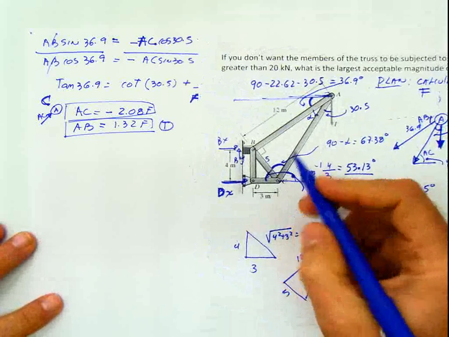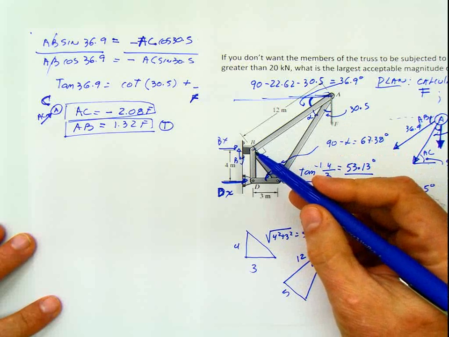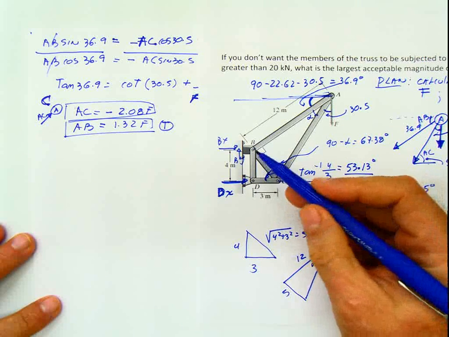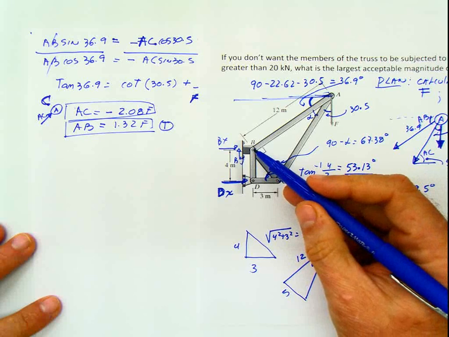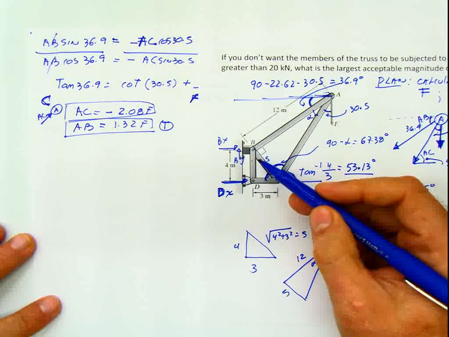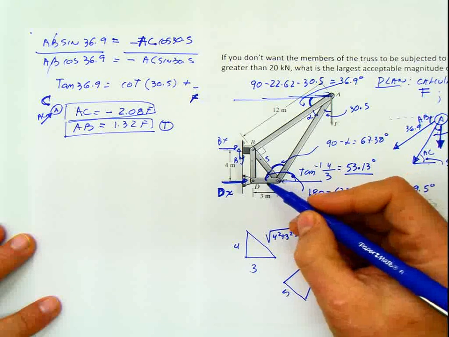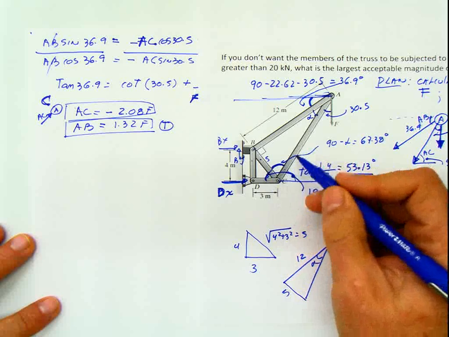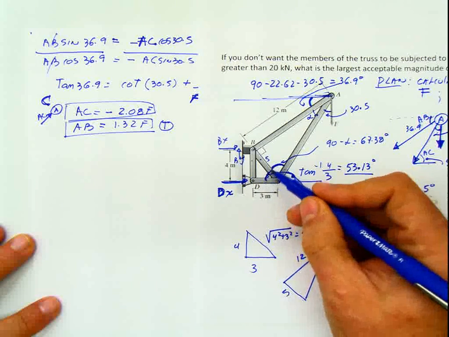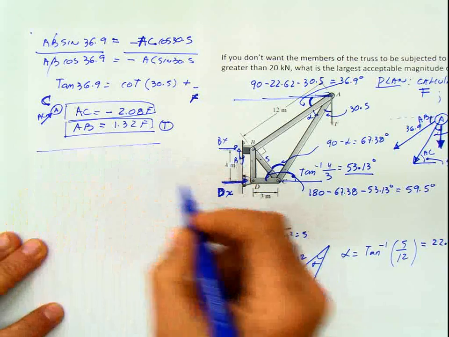This is this joint. I can move either to this one or I can move to this one. If I move to this one, how many unknowns do I have? I have 1, 2, 3, 4 unknowns, so that means that I can't go there. If I go to this one, I have 1, 2, 3 bars, but this bar I already calculated, so I have only 2 unknowns in that equilibrium system, and that's where I'm gonna go.